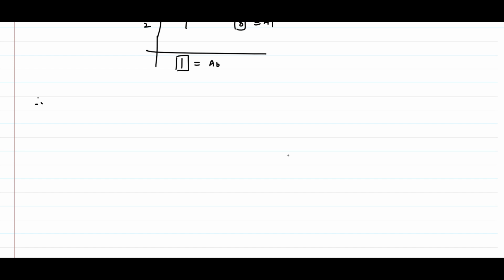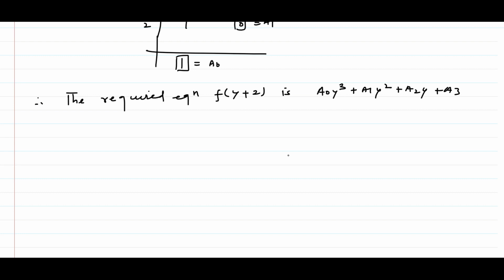So we can write here our required equation, therefore the required equation f of y plus 2 is a0 y to the power 3 plus a1 y square plus a2 y plus a3, and we can write here a3 is equal to 13.